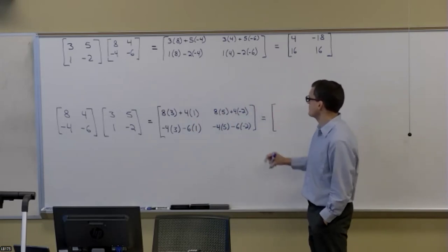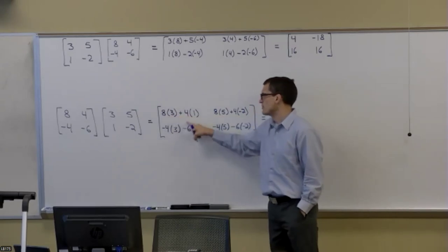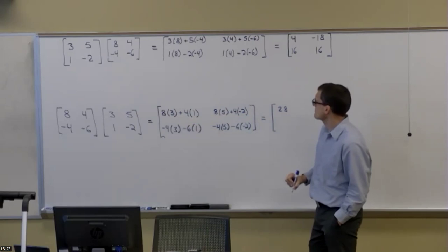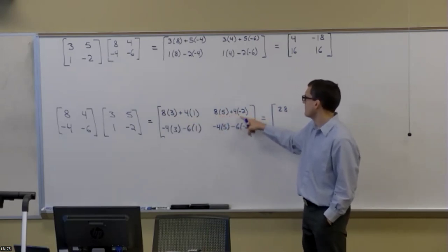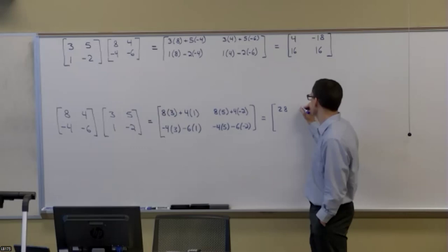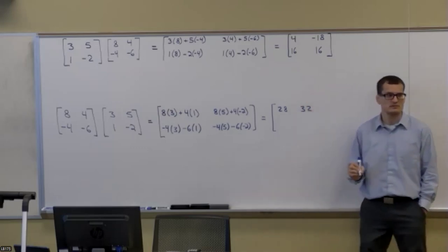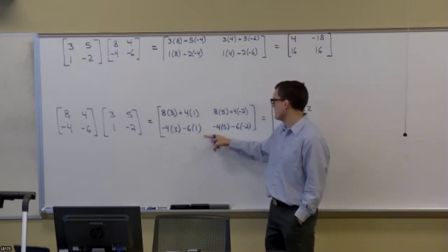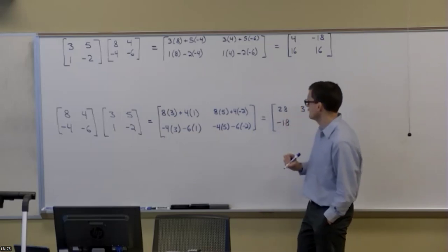In this case, notice what we get. First entry is going to be 24 plus 4, that's 28, excuse me. 8 times 5 is 40, minus 8 is 32. We get negative 12 minus 6, that's a negative 18.